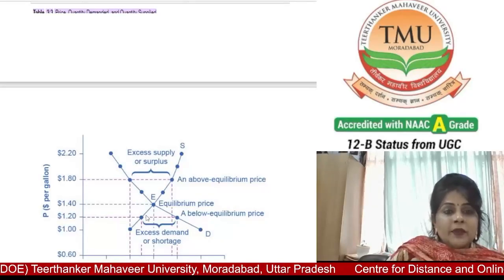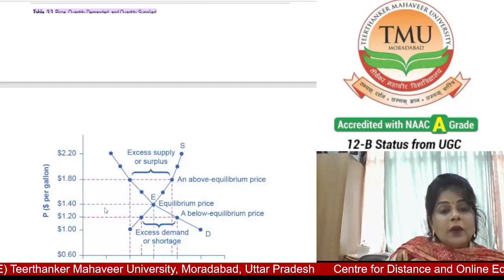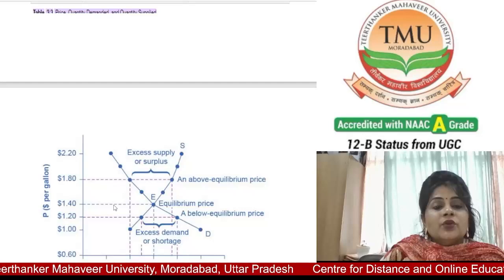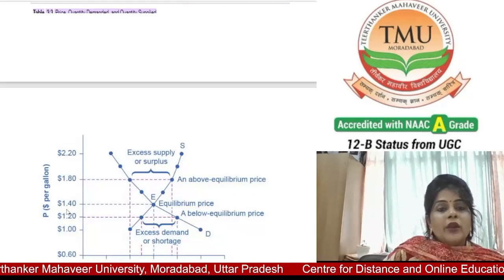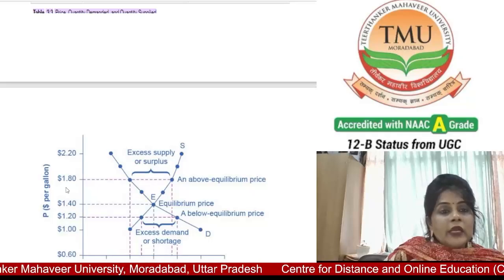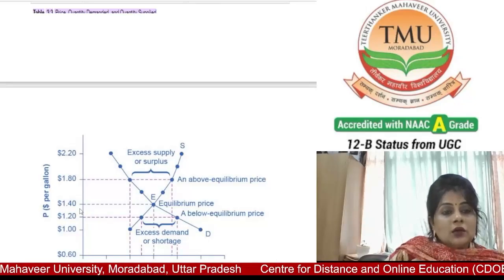Imagine, for example, that the price of a gallon of gasoline was above the equilibrium price, that is, instead of 1.40 per gallon, the price becomes 1.80 per gallon.